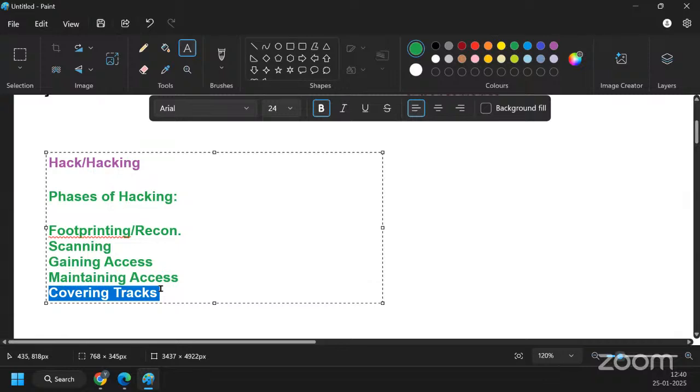Because the logs provide all the information about what is happening inside the system, and using that we will be able to understand how those things happened, what went wrong, and how the attacker was able to compromise our system. All the things we can find out from there.